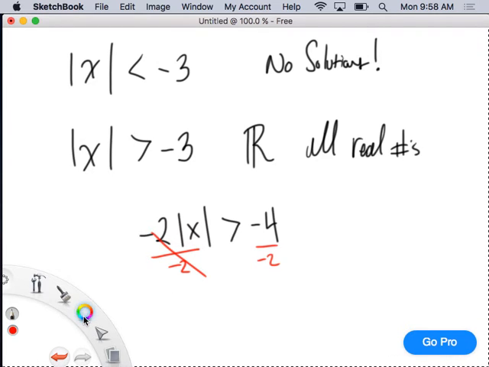And who can tell me what happens when I divide across an inequality by a negative number? Divide or multiply? It flips, right? So it's absolute value of x is less than -4 divided by -2 is +2. Okay? So then you would have to go ahead and solve. So it's not so simple as just saying, oh, it's more than a negative, so it's all real numbers. No, you have to isolate first. Got it? Okay. Any questions?